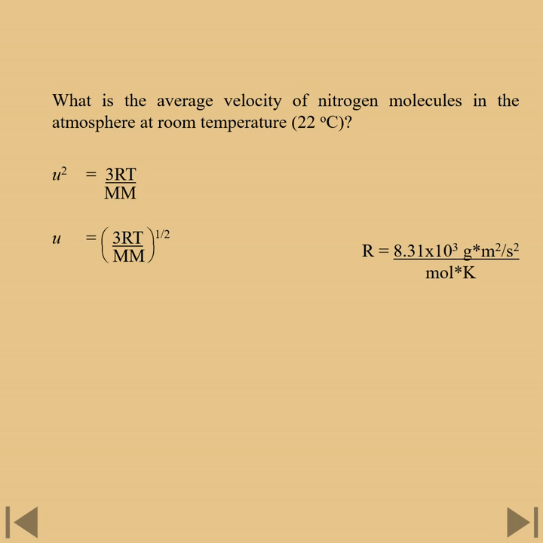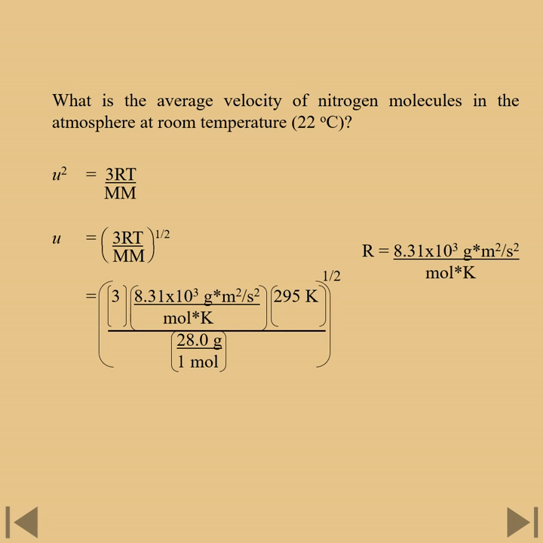And the version of R, the universal gas constant, for this would be 8.31 times 10 to the third gram meter squared per second squared over mole kelvins. It normally shows up as 8.31 joules per mole Kelvin, but a joule would be 10 to the third gram meter squared per second squared. And actually we have all the information, so let's go ahead and plug it in.